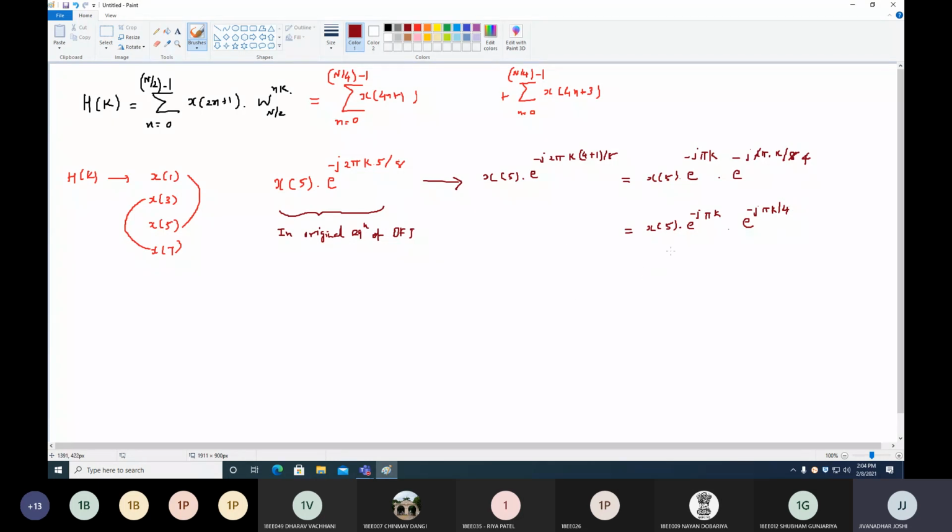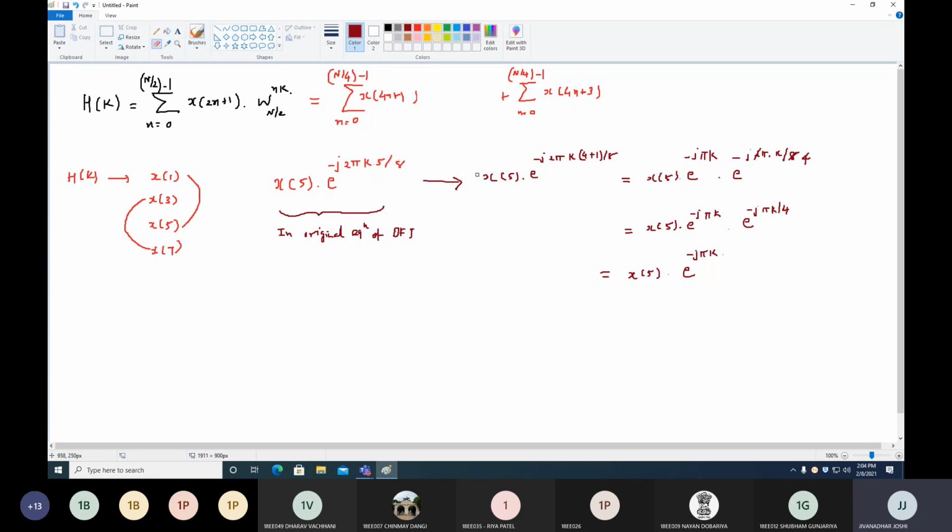So this can be further written as x of phi into e raised to minus j pi k into... we have put n as 8 directly. Let's not put 8 directly.